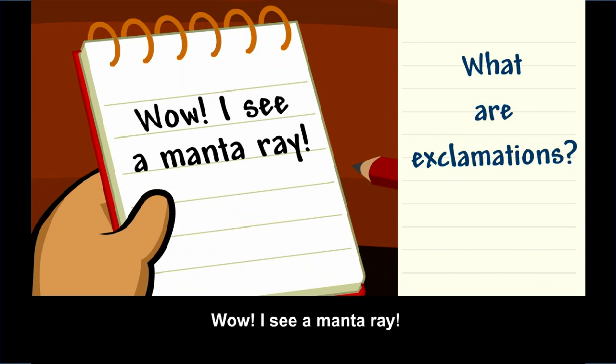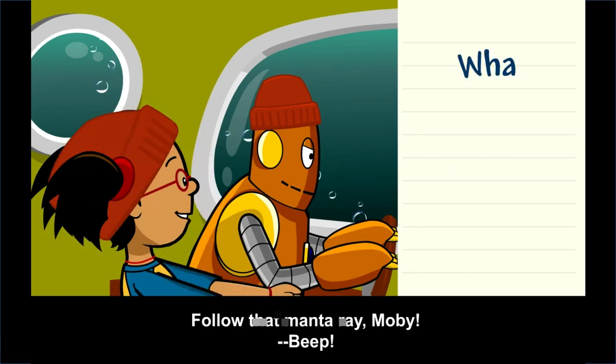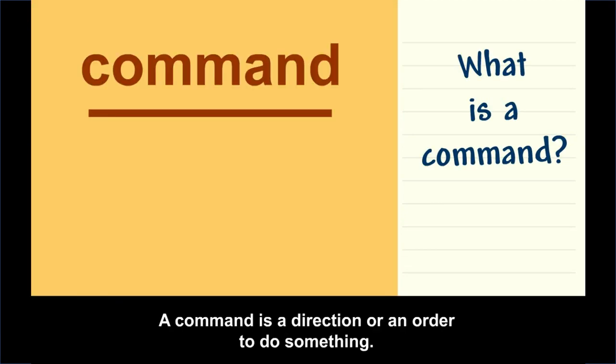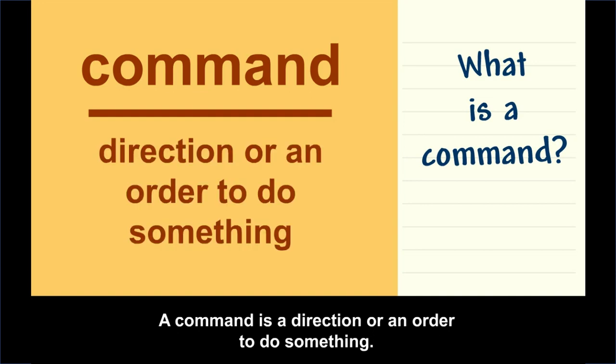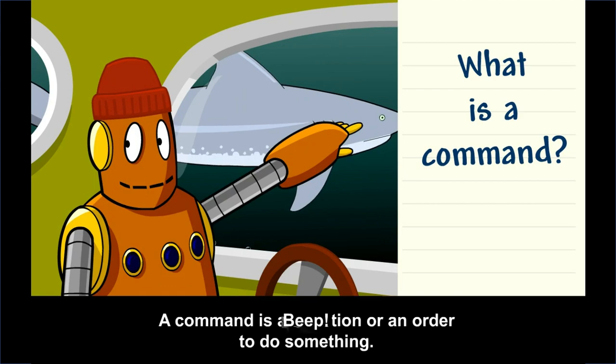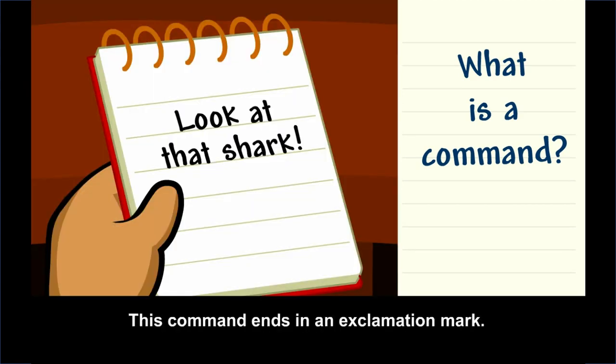Wow, I see a manta ray. Follow that manta ray, Moby. What is a command? A command is a direction or an order to do something. Look at that shark! This command ends in an exclamation mark.